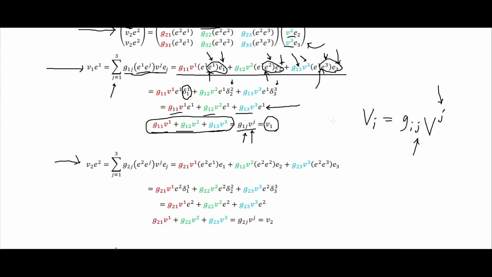So it's implied that what you actually have is v_i equals, well, actually I'll put the summation here, so j equals 1, and in this case I did it up to 3, g_ij v_j, and so you are summing over the j's.